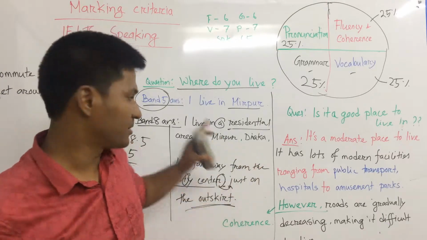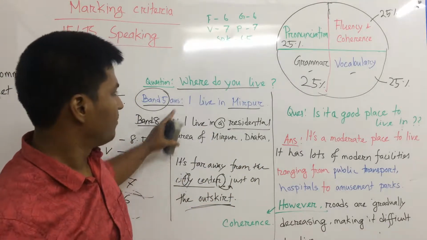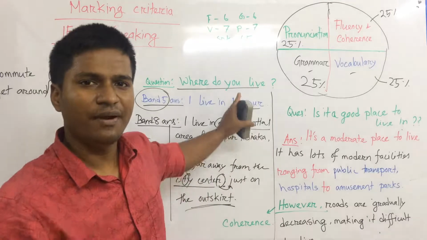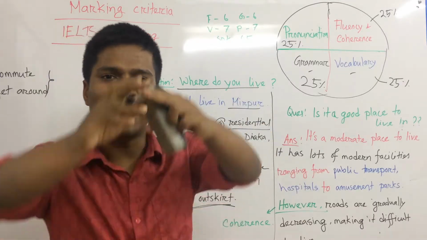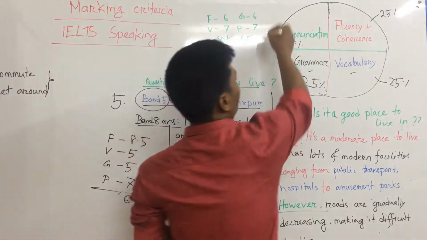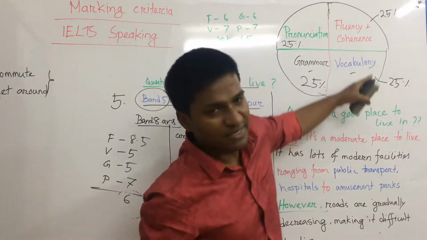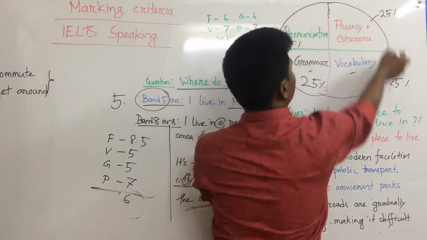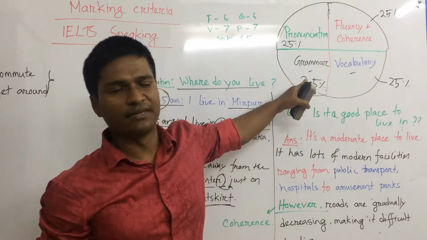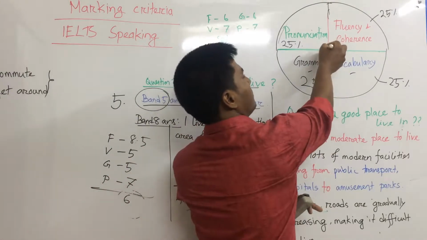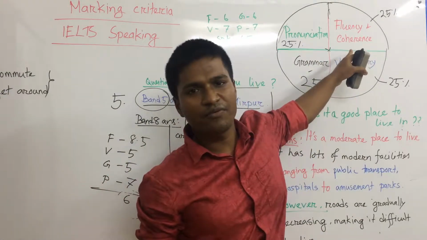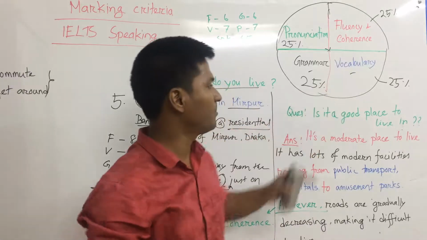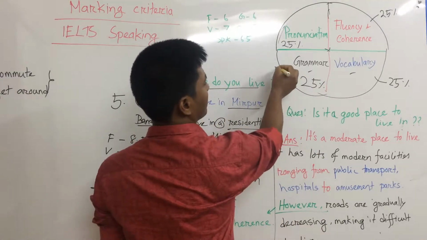So what I'm trying to tell you here is my location. Where do I live? I live in Mirpur. It's in the outskirt, like in the boundary of the city. Say if this is a city, then I live in this boundary, in the outskirt. It's far away from the city center. Maybe I'm living here.